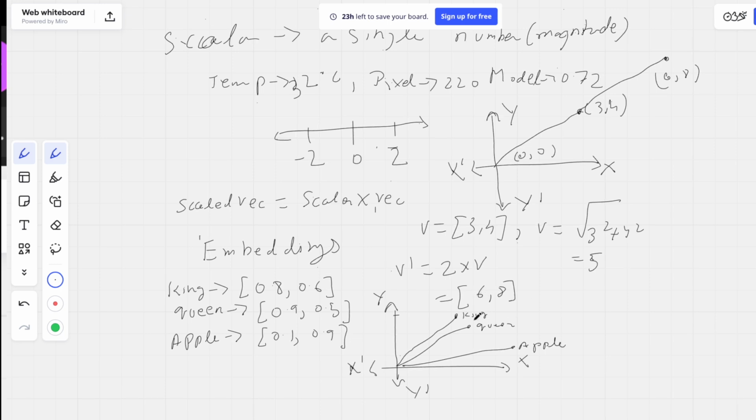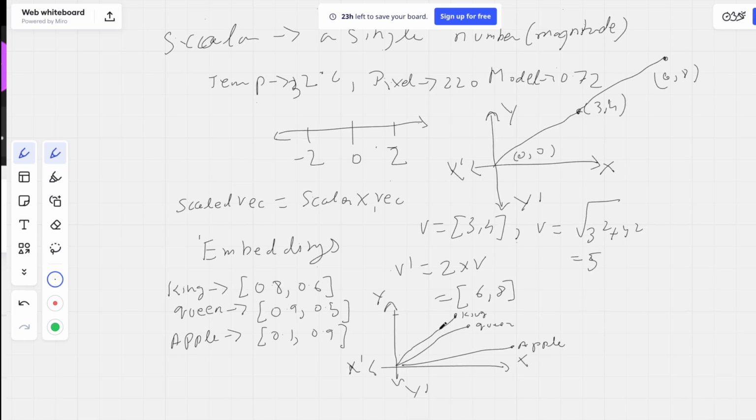As I mentioned, in NLP every word is represented by a vector. The direction and angle between these vectors capture meaning. Words like king and queen are intuitively very similar to each other, and words like king and apple are not similar to each other.